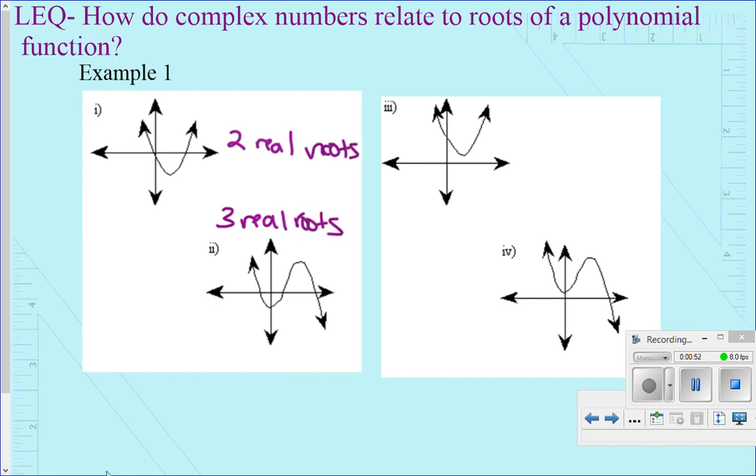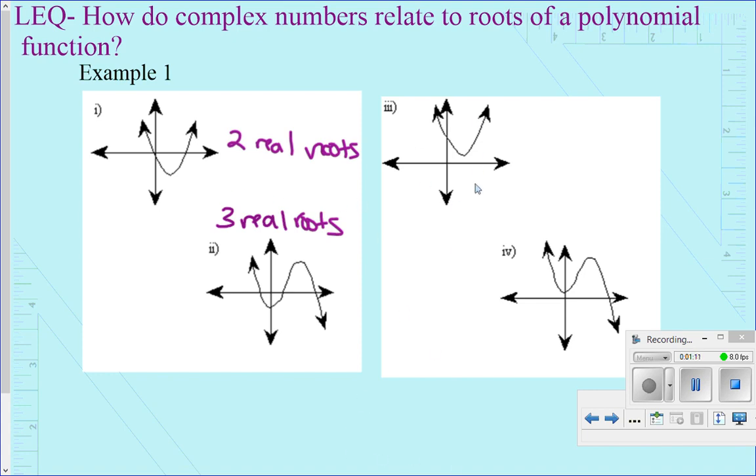Now, 3 and 4, even though the shape looks the same, we see a parabola and a polynomial, a cubic, they have different numbers of real roots than the original one. So here we had 2 because it was crossing the x-axis twice.